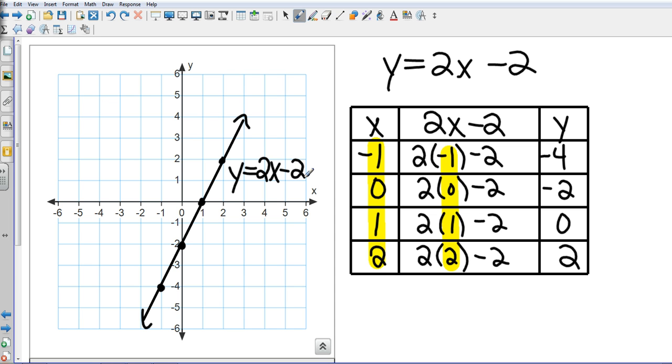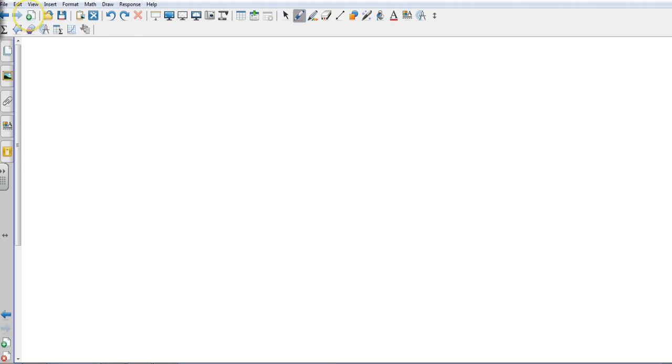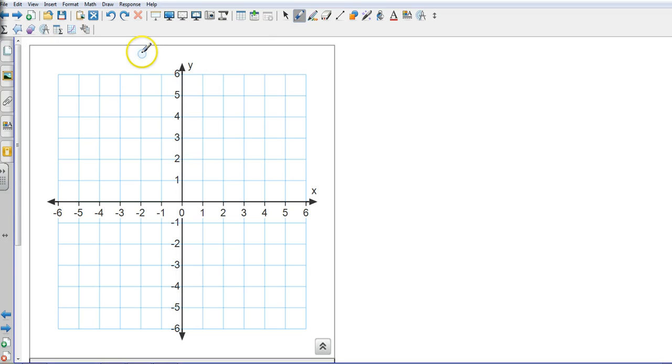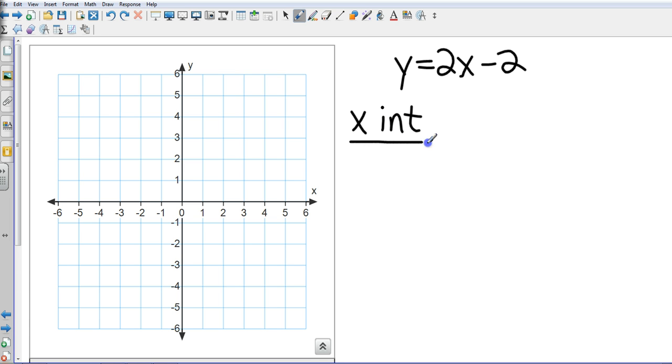The next one, I'm going to take the exact same graph, y equals 2x minus 2. And I'm going to graph this one by using the x-intercept and the y-intercept. Now, that means it's where that line hits the x and y axis. So let's just do a little example.